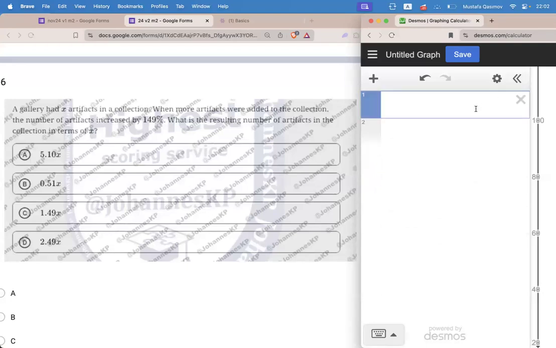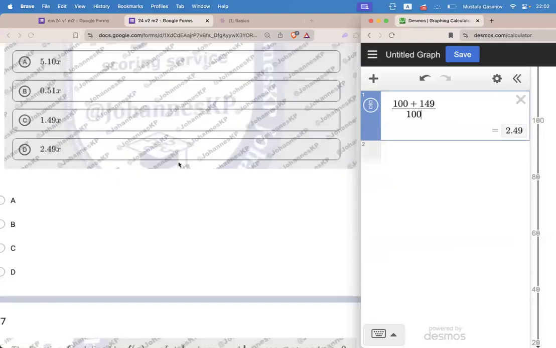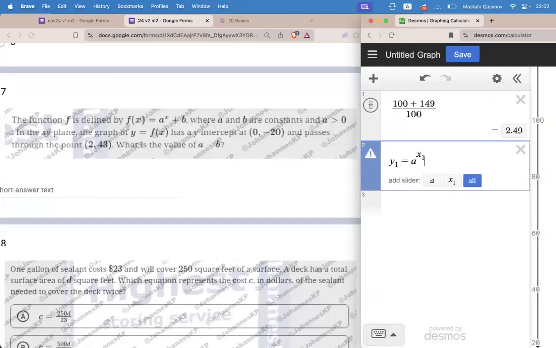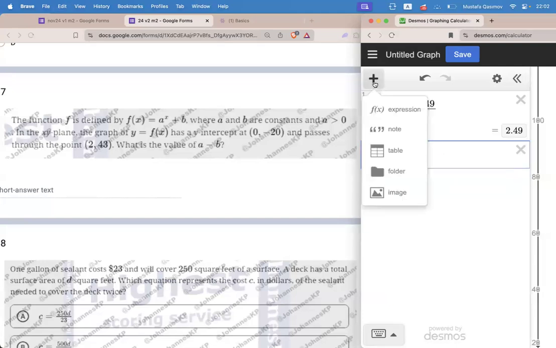Okay, increase it by 149% means that you have to add it to 100, then divide it by 100. 2.49, D. Write it in decimals. Y1 is equal to A to the power of x1 plus B. I forgot to create the table.